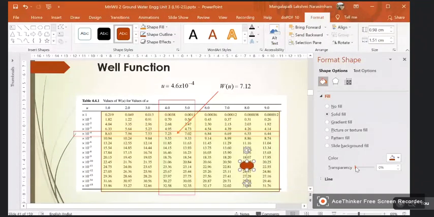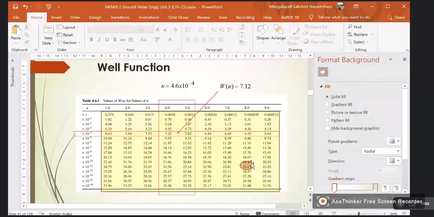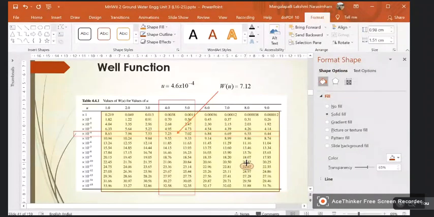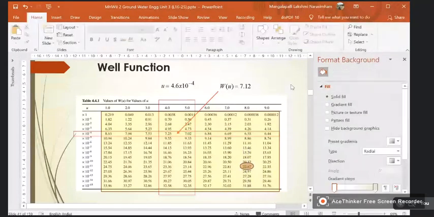Now what is the value of u for this highlighted value? All of you note the values of u, value of u corresponding to the value of W(u), which I have shown as 22.67. What is the value of u? All of you? 8 into 10 power minus 11, sir.